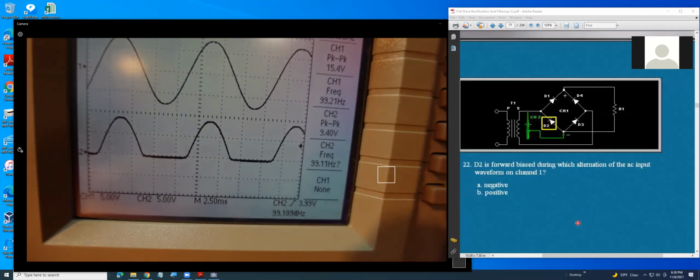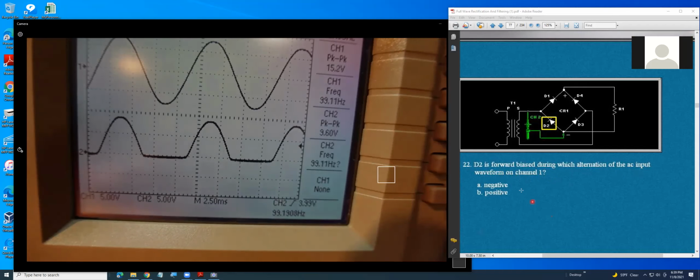Because even though we got a voltage, correct? Right. D2 is forward biased during the negative alternation of the AC input waveform on channel 1. Negative. That means the answer will be A, right?